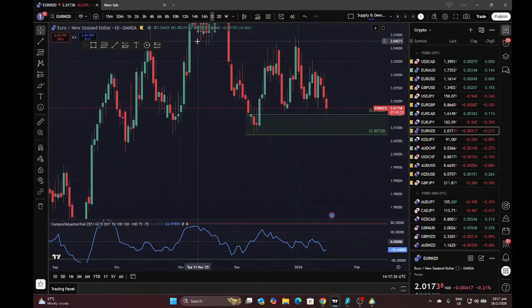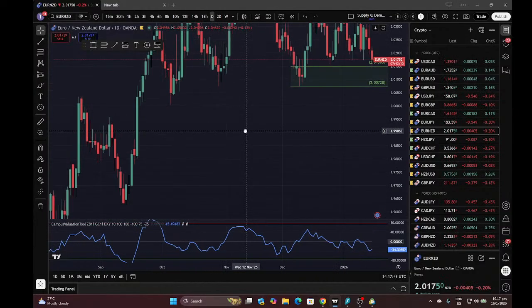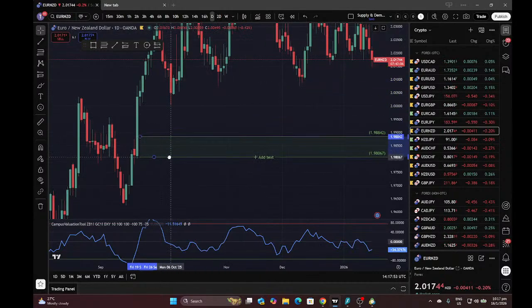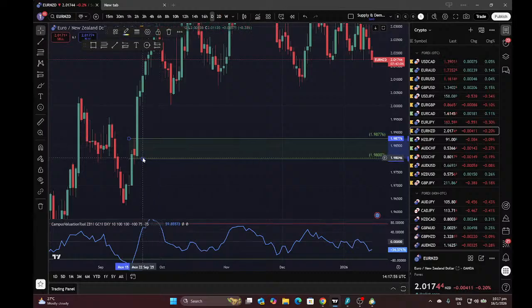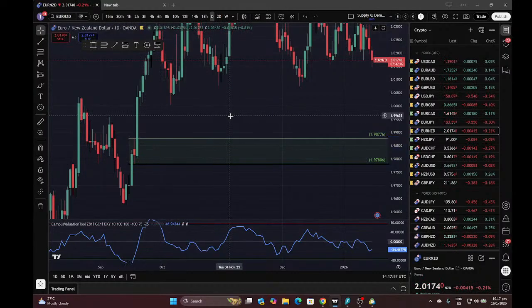There's one time the zone here is being touched, one more time here, one more time here. It's too, what's the opposite of fresh? Too unfresh. Okay. On the other hand, I'm looking at a very nice demand zone here, and I do see another demand zone here as well.